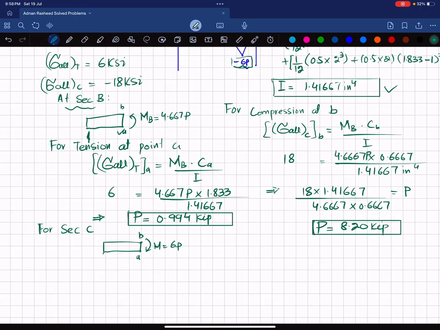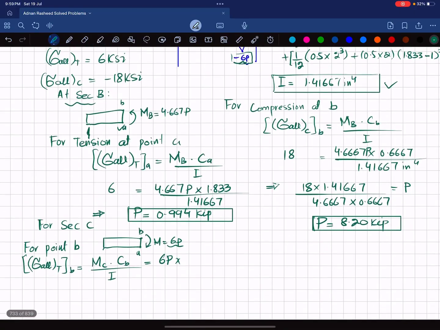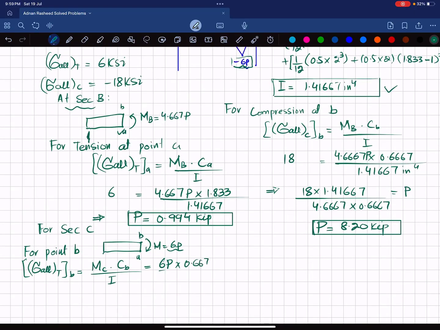So again, this is your point B and this is your point A. So what we will do is that for point B, now the point B due to this moment will be in tension. So allowable tension for point B will be equal to MC into CB divided by I. So put the value MC is 6P, CB for this distance is 0.667, divided by I is 1.41667, and allowable stress is how much?